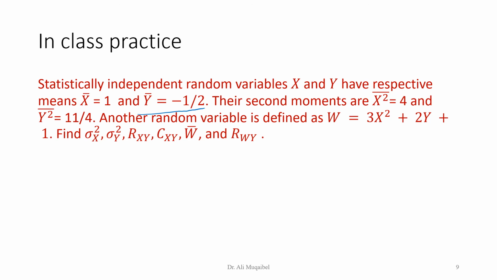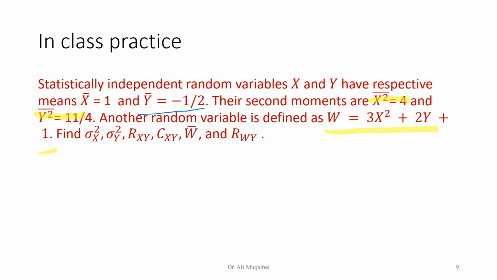We're also told that the second moment for x is equal to 4 and the second moment for y is equal to 11 or 4. Another random variable w is defined by a transformation. This is not a linear transformation. Then it says find sigma x squared, sigma y squared, the correlation between x and y, covariance of x and y, w bar, the average of w, and the correlation between w and y.